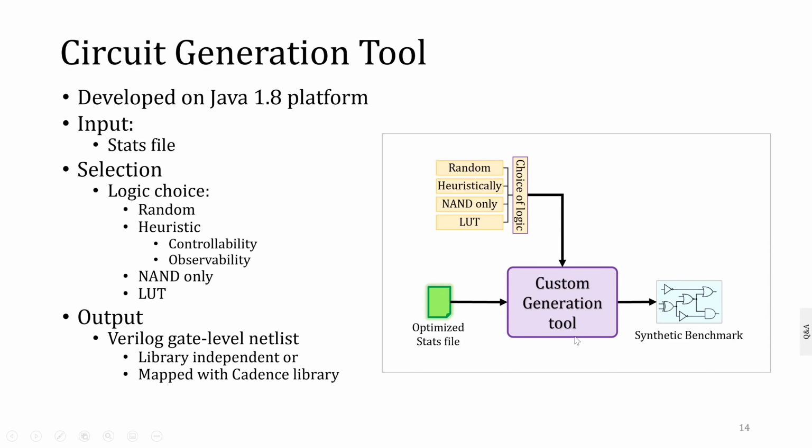And the synthetic benchmark that's getting generated can be library independent ISCAS format, or it can be in a format that's mapped with Cadence library, which you can use in any CAD tool or commercial tool.